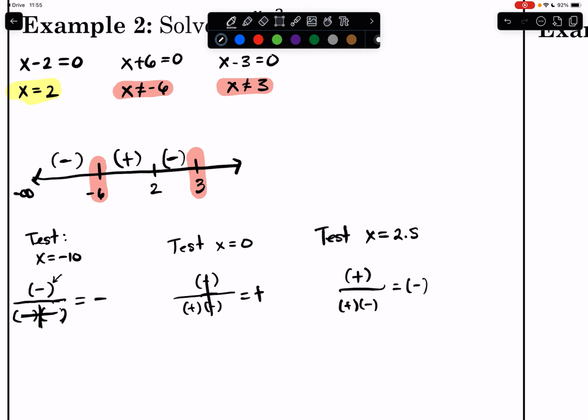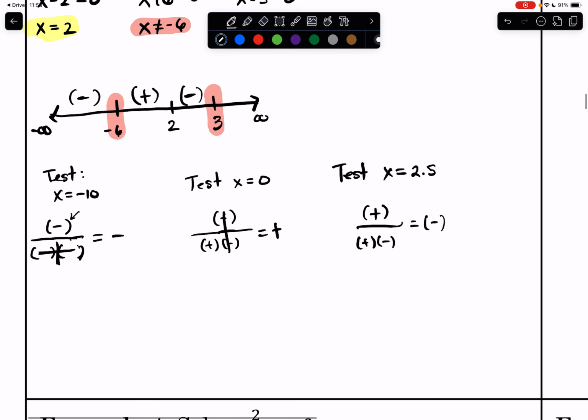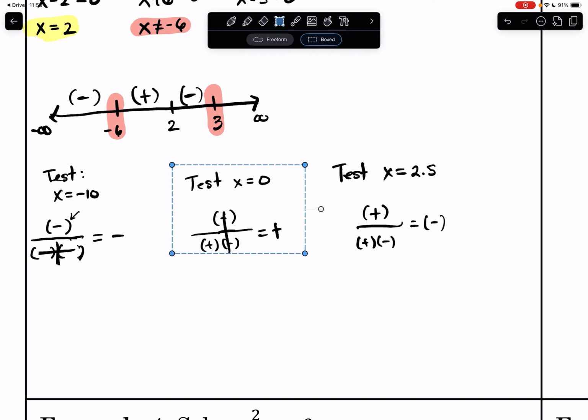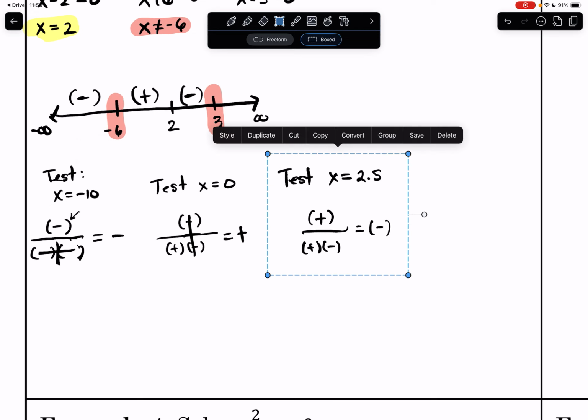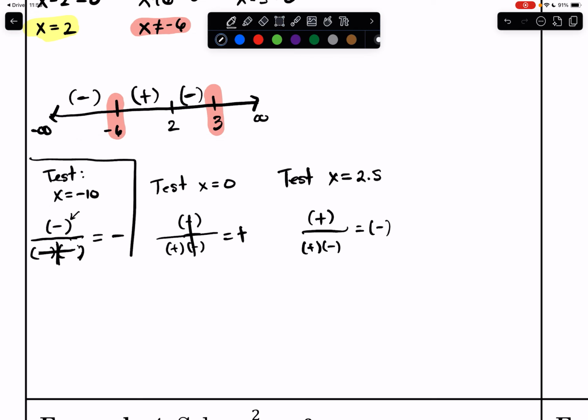And now we can look at 3 to infinity. So let's try positive 10. And I probably should have split this up already.